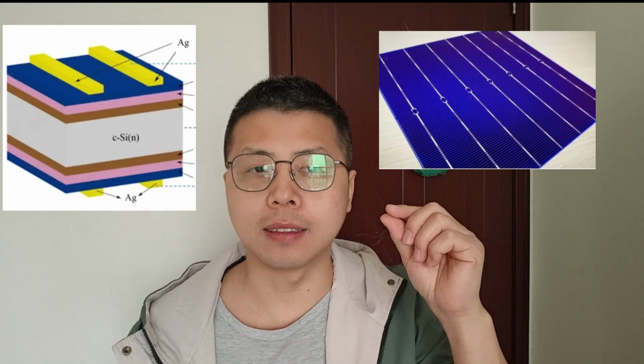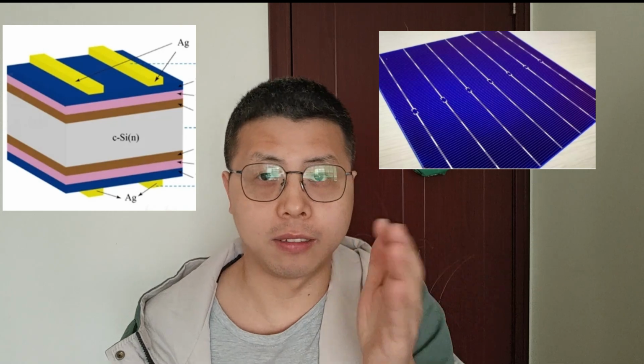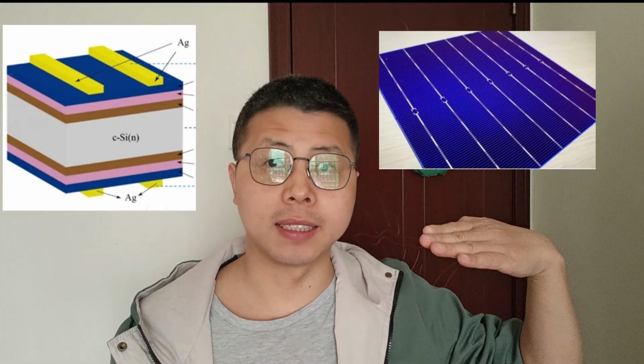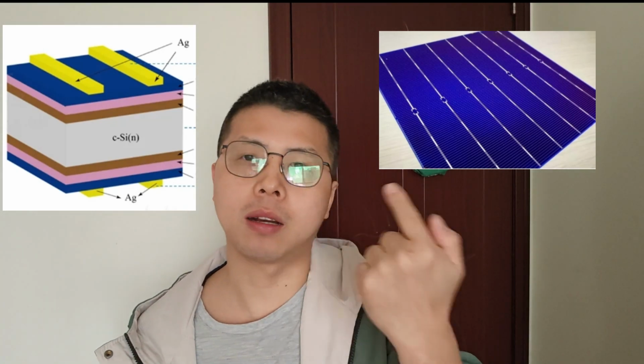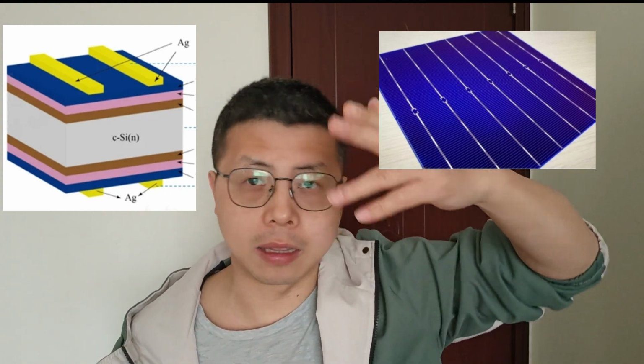So maybe you are confused about what the contact is. The contact is what you can see. It's a metal. Especially nowadays, we use fingers and bus bars made of silver.